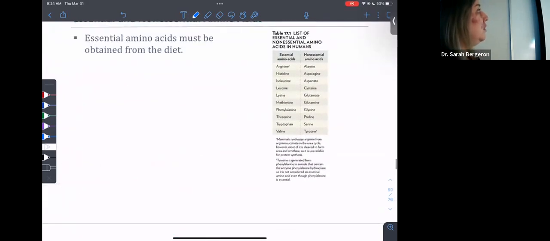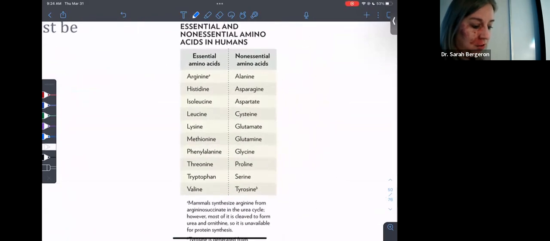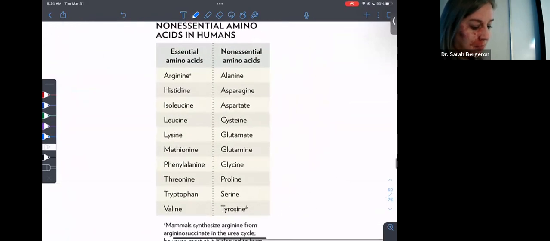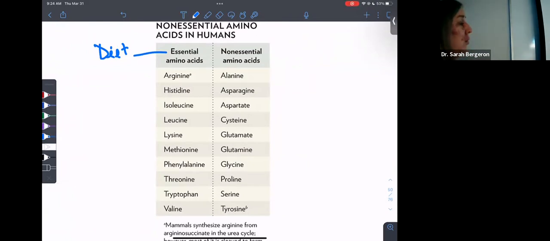So if you look at the different essential versus non-essential amino acids, our essential ones, where are we getting them from? From our diet, from food. There are a couple that are really, really important, and there are some that have exceptions. So I want to talk about a few of them. Look at arginine. Do you see how arginine has a little A above it?